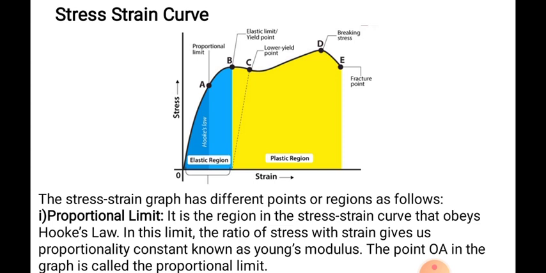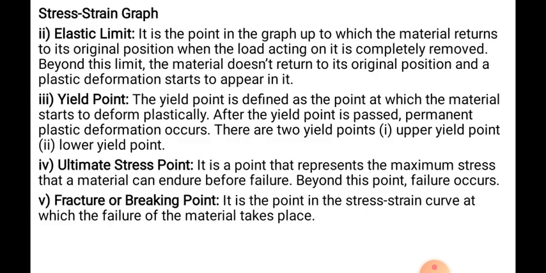Now at point D, we are applying some excess force, and there will be an excess amount of deformation, and it will not regain its original shape. Or we can say that this is the maximum stress before the failure of the material. Okay, so it can be represented in this diagram.